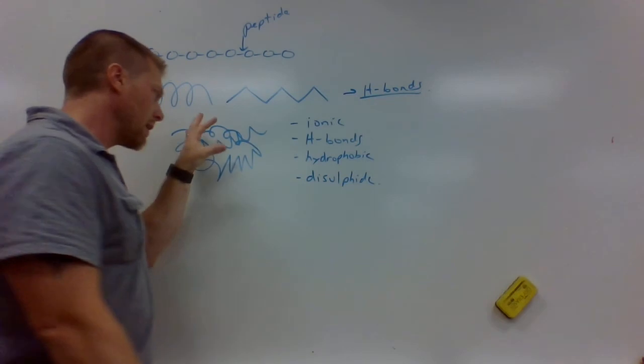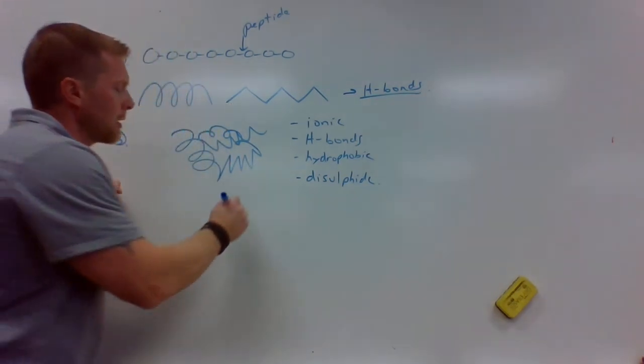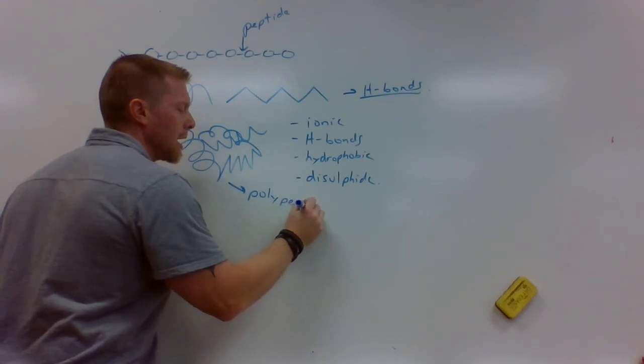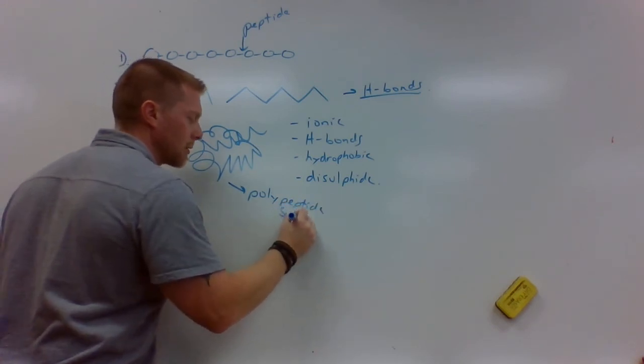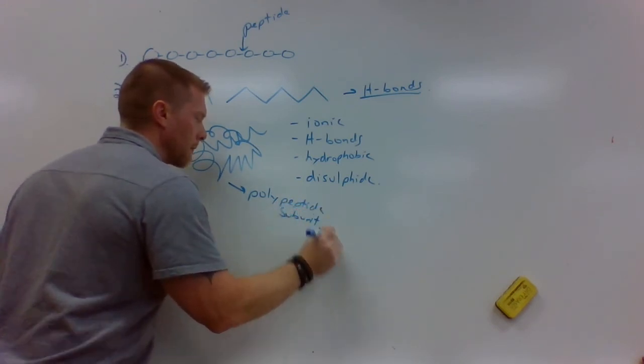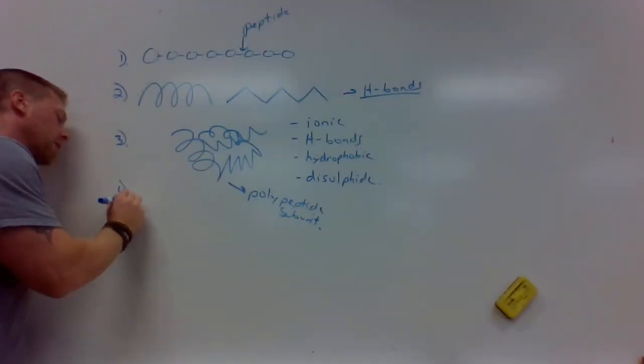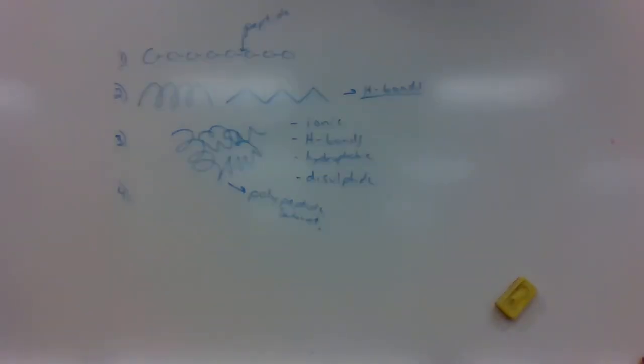And this thing that we see right here is what we call a polypeptide subunit. And that polypeptide subunit is not a protein. To get to the protein, we get to the 4th level of structure, which is the quaternary structure.